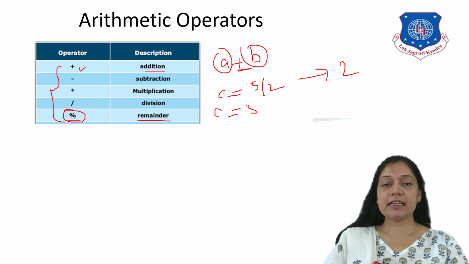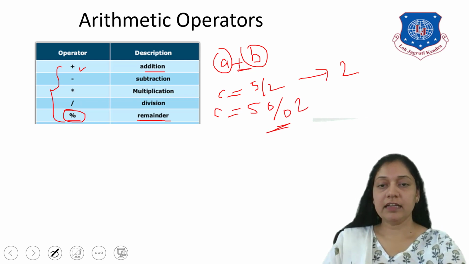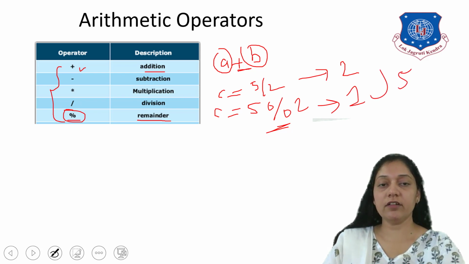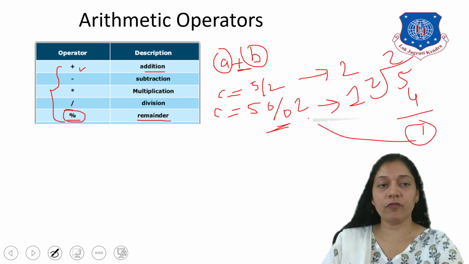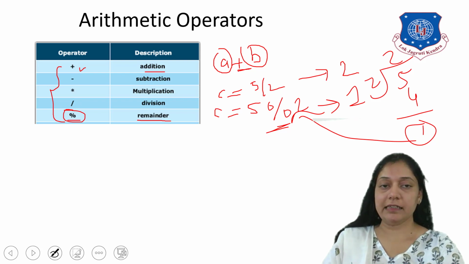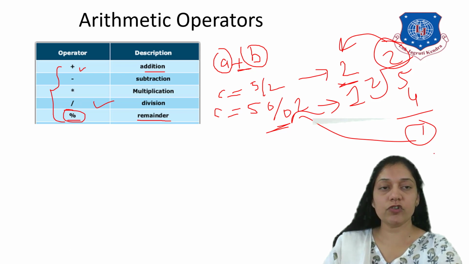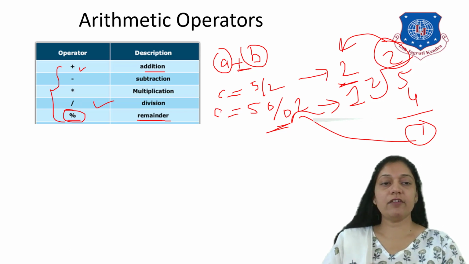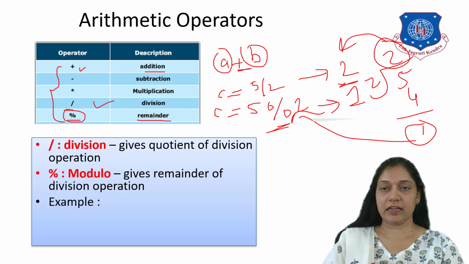But if I write C is equal to 5 modulo 2, I'll get the remainder of this division, which is 1. When I divide 5 by 2, 2 2s are 4, remainder is 1. So I get this when I use the percentage sign. If I use simply slash, that is division, then I'll get the quotient, that is 2. So if I'm interested in getting the remainder, I'll use the percentage sign.